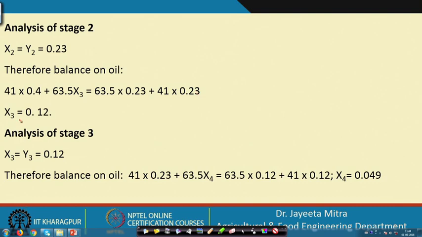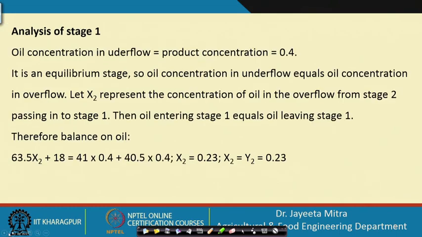So, eventually we are getting x3 as 0.12. And this analysis will go on. We will take x3 equal to y3, and that is equal to 0.12. So, if you just go back to the initial diagram.